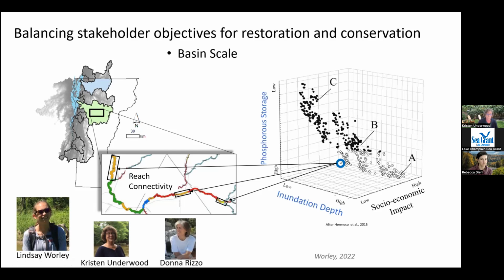So this is a tool that is available in kind of a beta form and could be used in a future version of FFI to further refine the priorities for projects that are selected in the planning tool of the Functioning Floodplain Initiative.